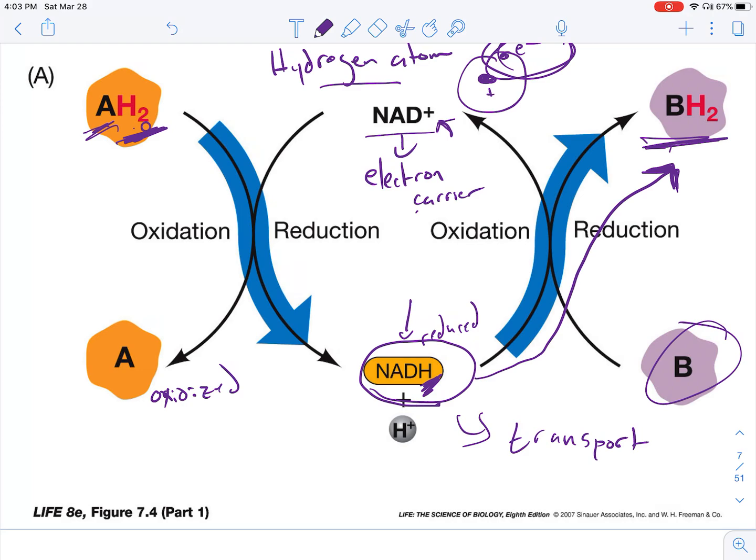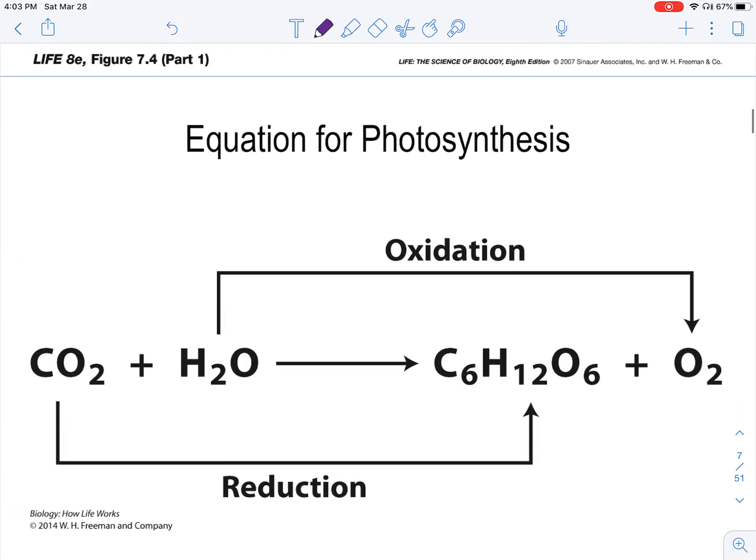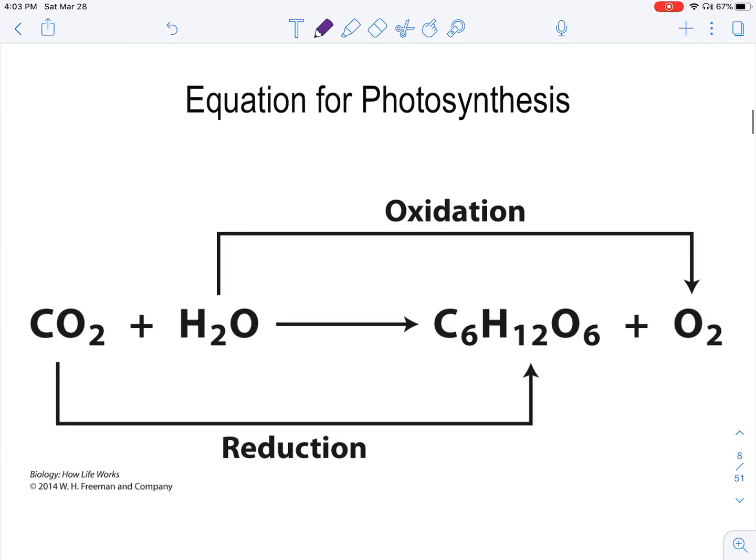And we will see the entire process of the breakdown of sugar is one in which you're basically transferring electrons first to NADH and then to what's called the electron transport chain so that you can make ATP via the process of oxidative phosphorylation. And as I said before, this is the total process of what's going on.